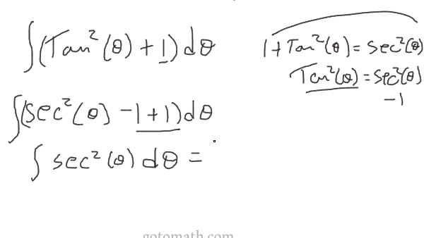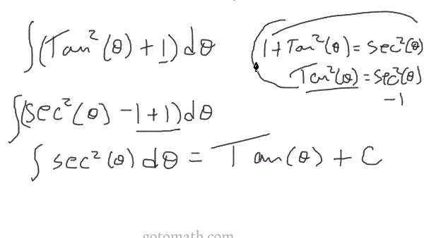And of course, this is one that you have to have memorized, and that's going to be tan theta. And don't forget, plus c, right? So the key was that we can't forget our trigonometry. It's very important that you remember this identity right here. All right.